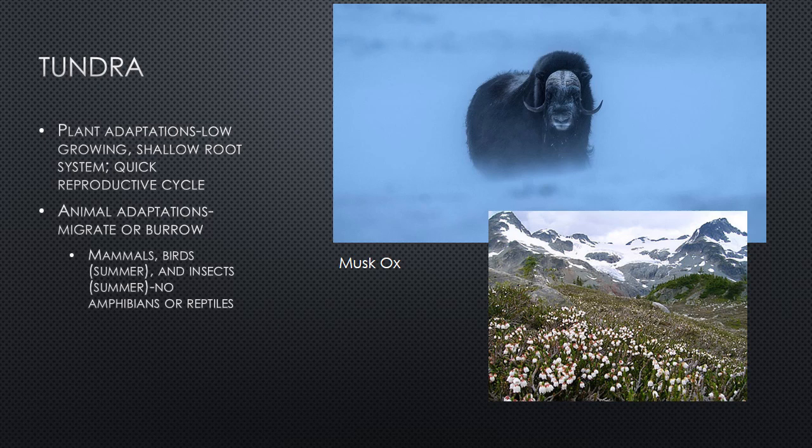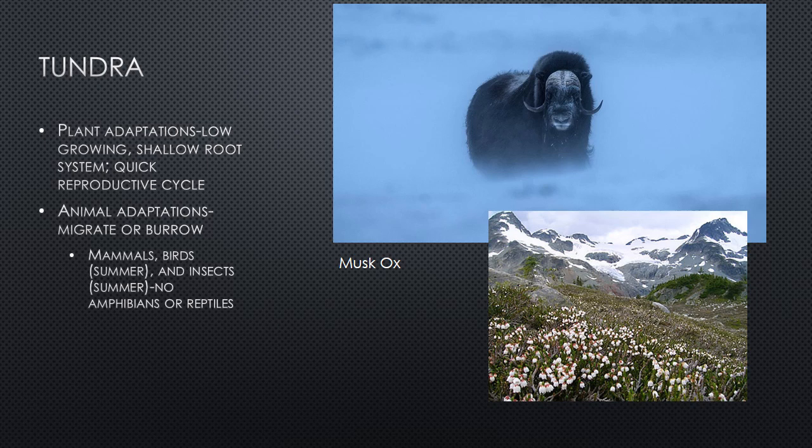Usually wind screens are created by trees, so without those trees there's a lot of wind. So mammals and birds are present, and then some insects during the summer, but there are no amphibians and no reptiles, which makes sense, right? Because those are ectothermic, and it would be very hard for them to maintain a decent body temperature.